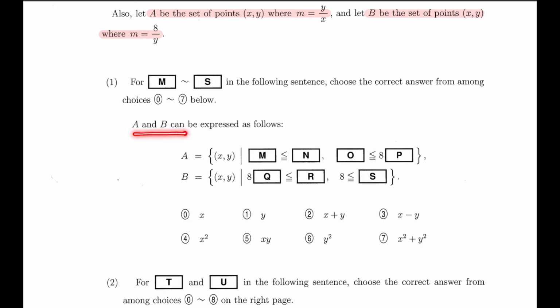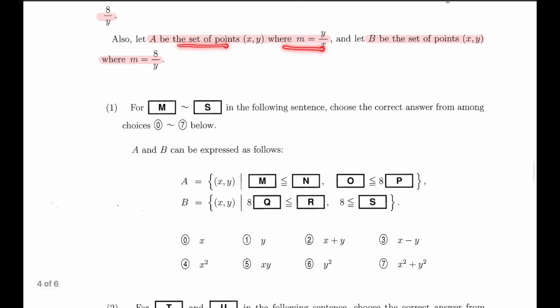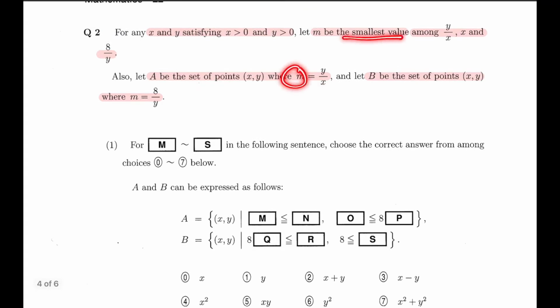A and B can be expressed as follows. What is A? A is the set of points where m equals y over x, and m is the smallest value.